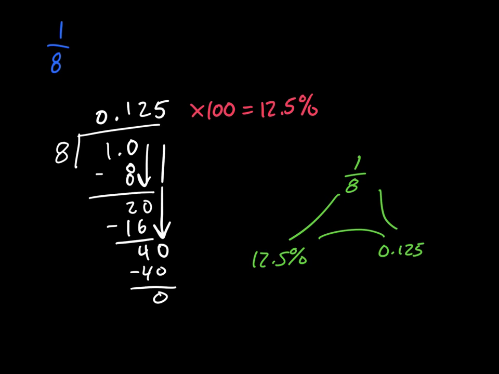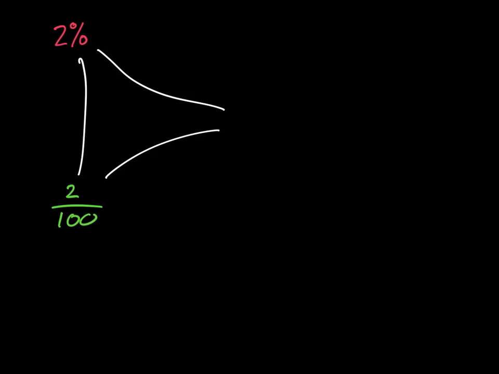So try another one. Here we're going to look at 2%. My suggestion here is to look at it as a fraction first. So if I were going to do this, I'm going to draw my triangle, and I'm just going to modify it a little bit so that it works for what I have. I'm going to do it as a fraction first, so I know that I have 2, and percent, remember per meaning each or a part of, cent being 100, I know that my denominator has to be 100.